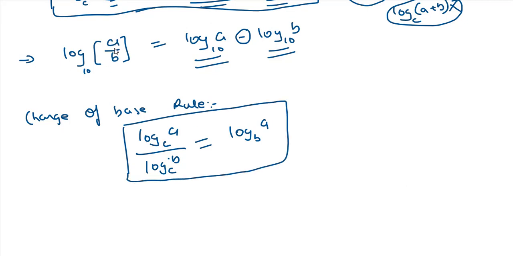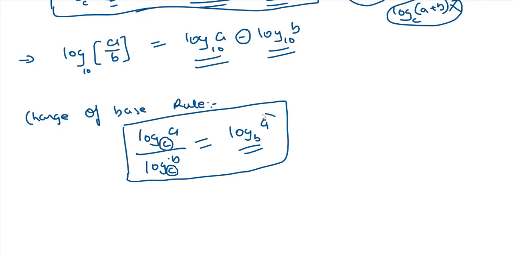You can take the division of two numbers and split it up as log a minus log b, and you can take the division of log and write it in this way. But remember one thing, the base should be common. So if the numerator has a base c, the denominator should also have the same base. So log a to the base c upon log b to the base c can be written as log a to the base b. This will be helpful in solving a lot of problems.